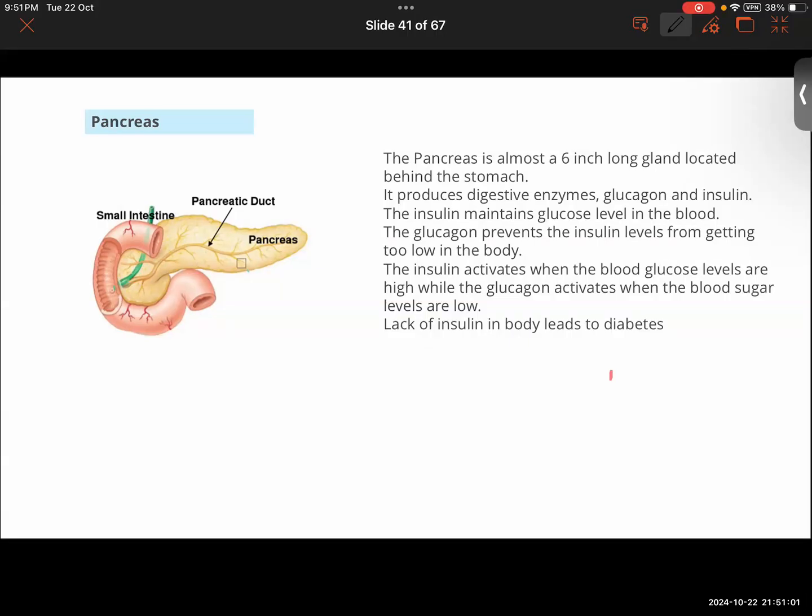The main cause of thyroid problems is when the body is not getting an adequate amount of iodine. That is one of the main reasons.